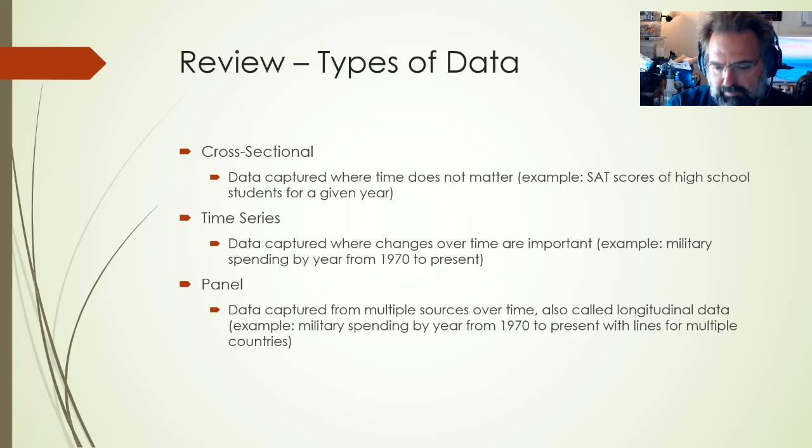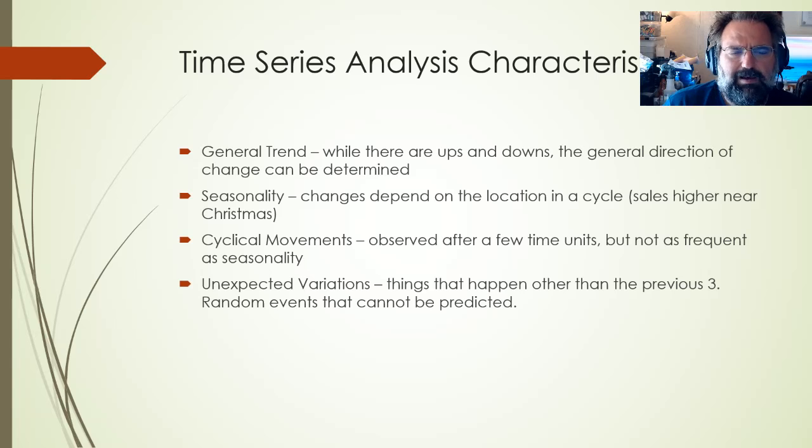So it's a combination of not just one series across time, but multiple series across time. And it's captured potentially from multiple sources as well. A panel could be quite useful for figuring out something much more interesting, because you have multiple factors to consider, multiple variables. So those are the types, at a high level.